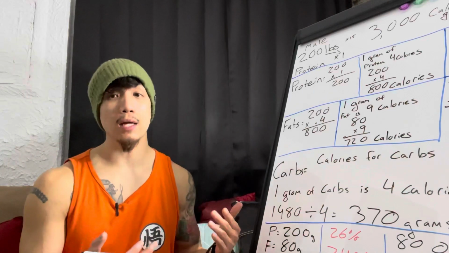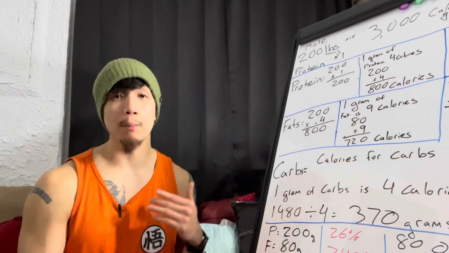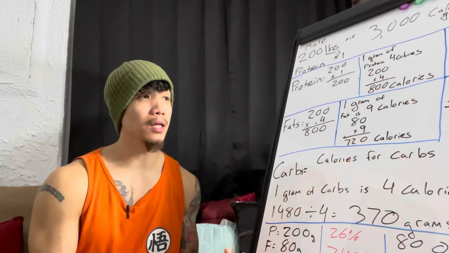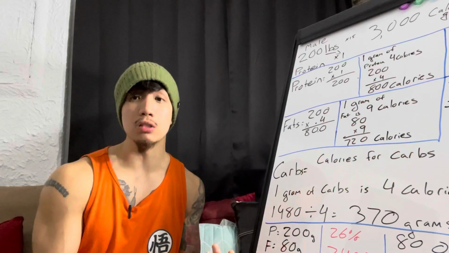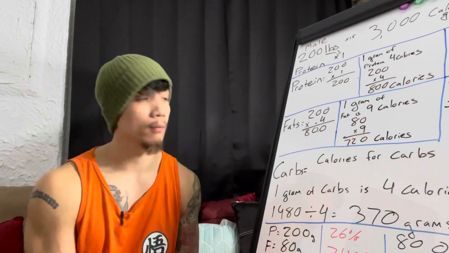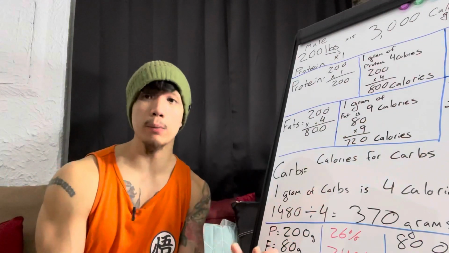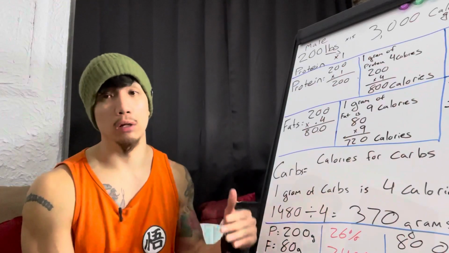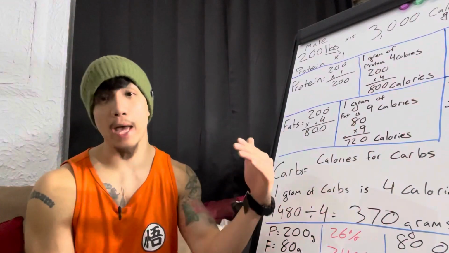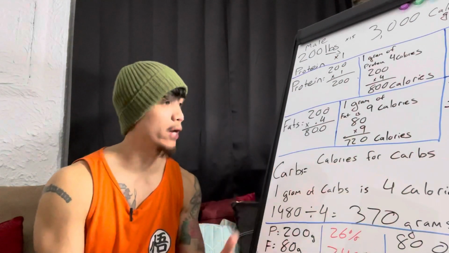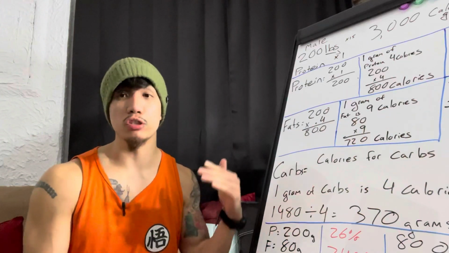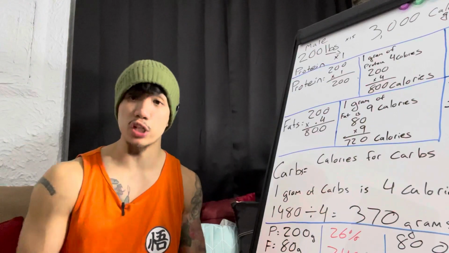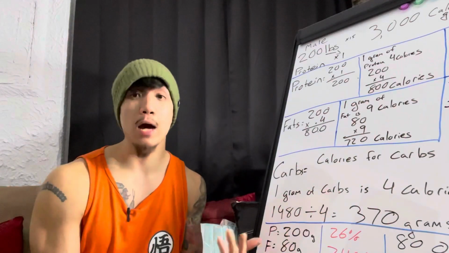And knowing that, and once you know how much protein you want to eat per body weight, it should be pretty easy to figure out what your macros are, or at least give you a starting point so you can adjust from there. From there, you could always add more calories, you could always subtract calories, you could always increase your protein. But knowing this basic formula just gives you a general idea on how to calculate it.